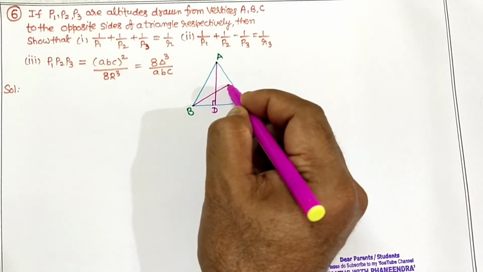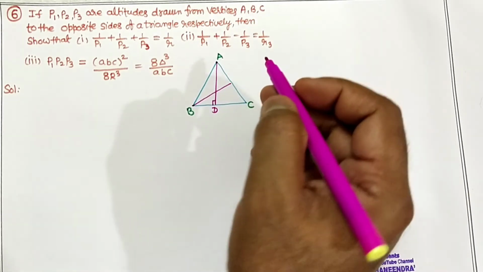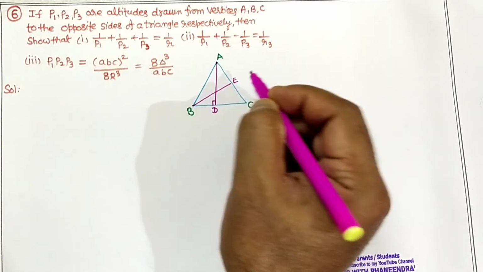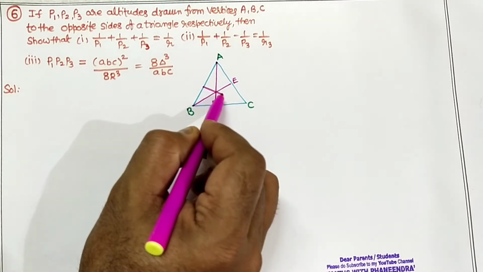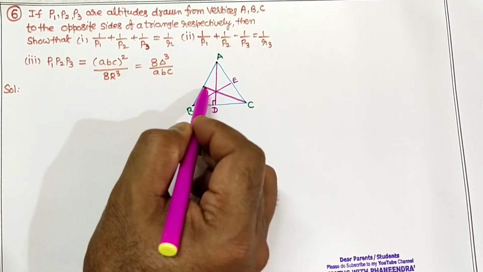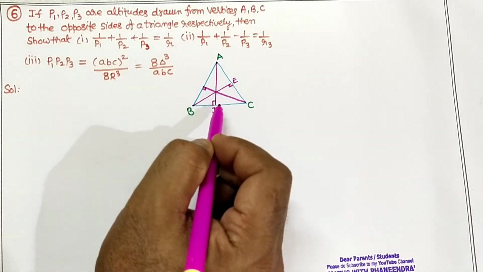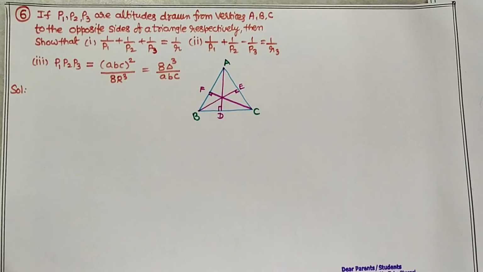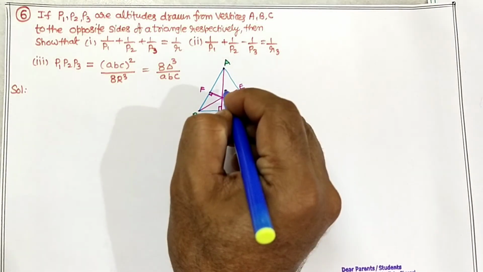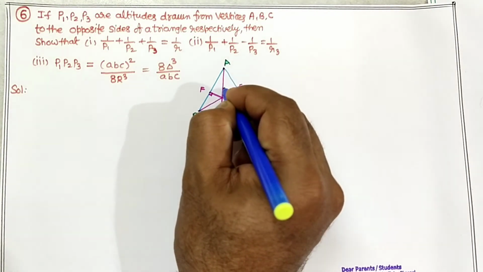This is another altitude from B. This is E I am taking now. And this is also another altitude. It meets at F. So now we will give the respective names. The P1, P2, P3. From A, whatever the altitude is there, that you can take as P1. From here to here it is P1.